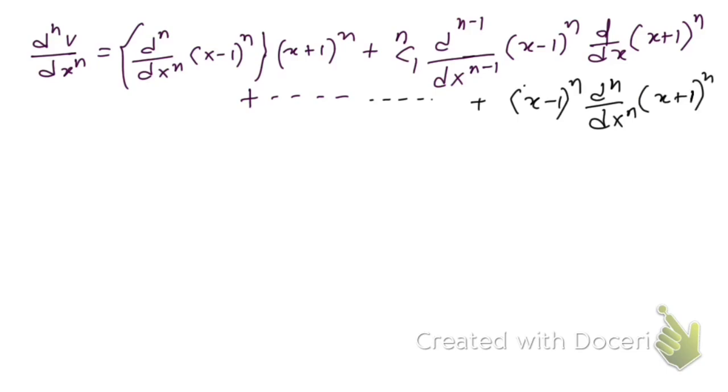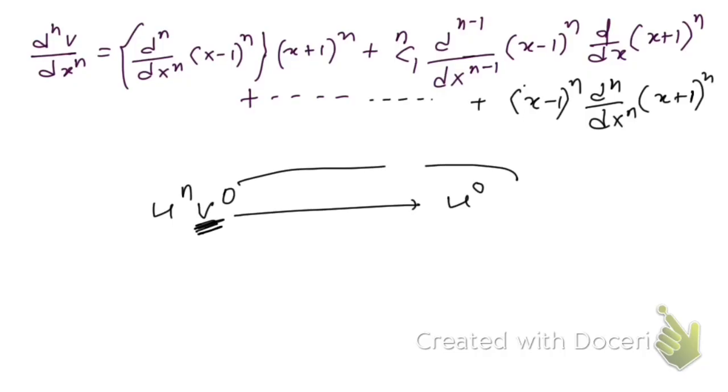That means in Leibniz theorem, the term which started with nth order into v, at the end it will be 0. Here the order of the derivative is 0. That means we have not taken the differential coefficient.